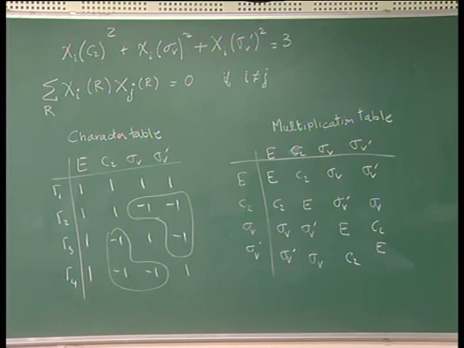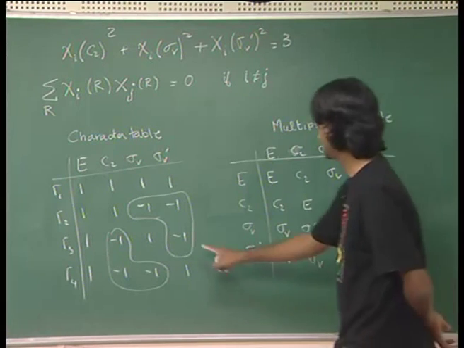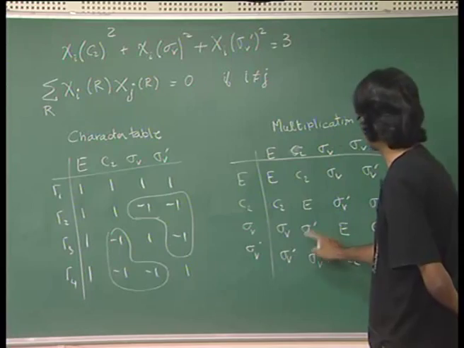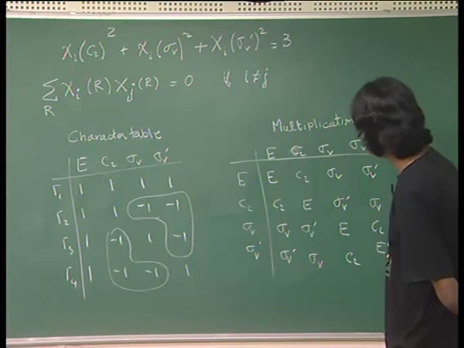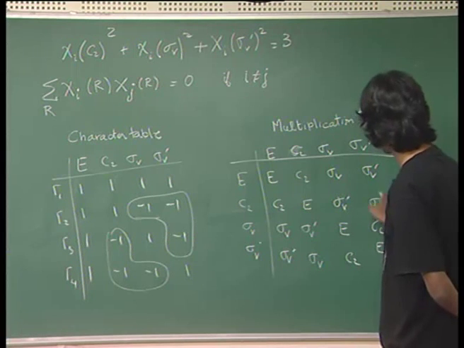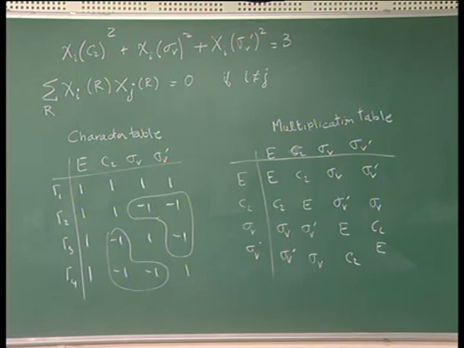Okay. Now, notice that C2 is same as here. So, it is like minus 1 that is here. Sigma v is same as here, sigma v prime is here. So, you can see that this sort of anti-symmetry is built in this also.